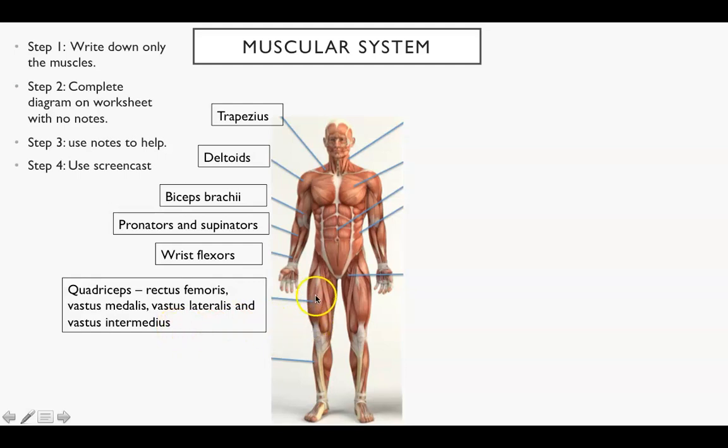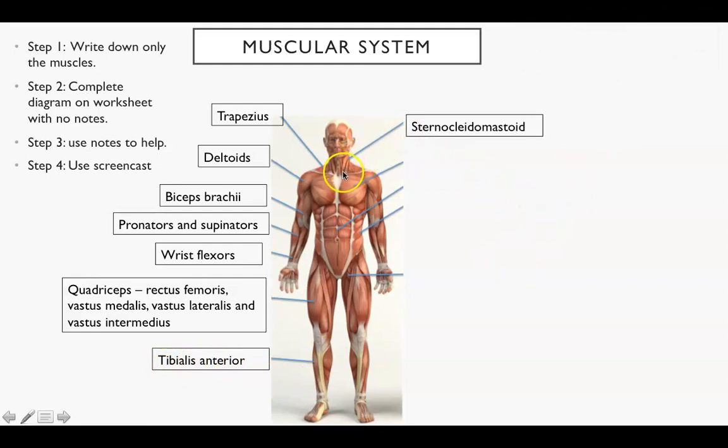The rectus femoris is superficial, so it's close to the surface of the skin. This muscle down here is called tibialis anterior. Anterior, because remember, this is the anterior part of the body. We do have a tibialis posterior, which is on the back, but we don't need to know that.